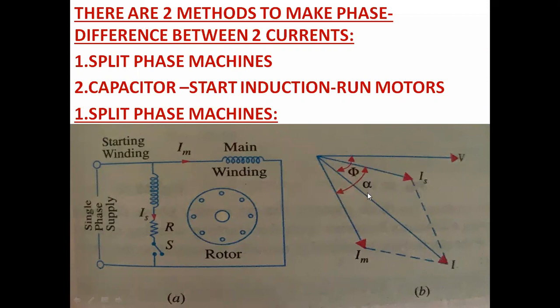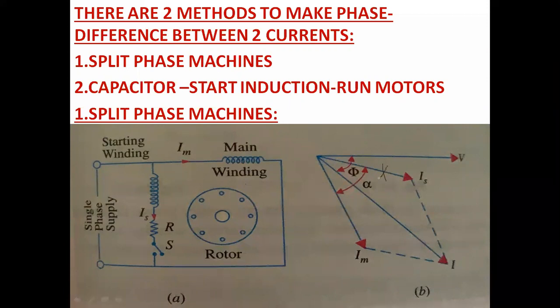The main aim is we have to produce some phase difference between the IM and IS. So see here in the phasor diagram, suppose I am assuming that IS is not there.